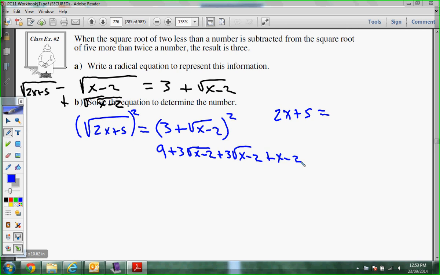That's just FOIL. So the middle terms combine to be 6 root x minus 2. And 9 minus 2, I'm going to put a 7 here. I have an x, and then 6 times the radical x minus 2.